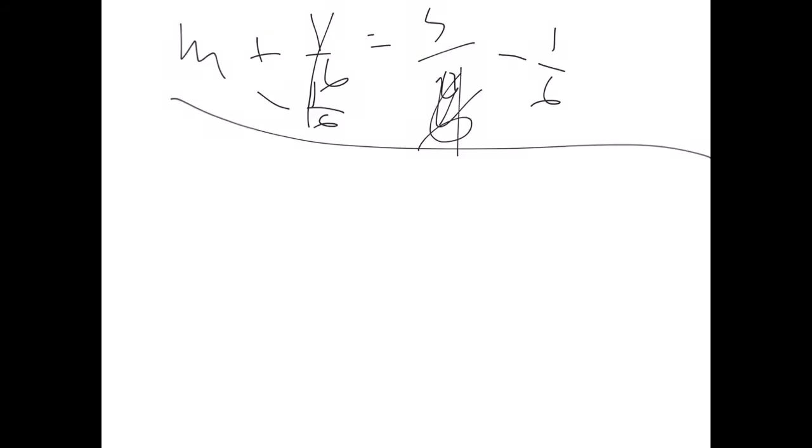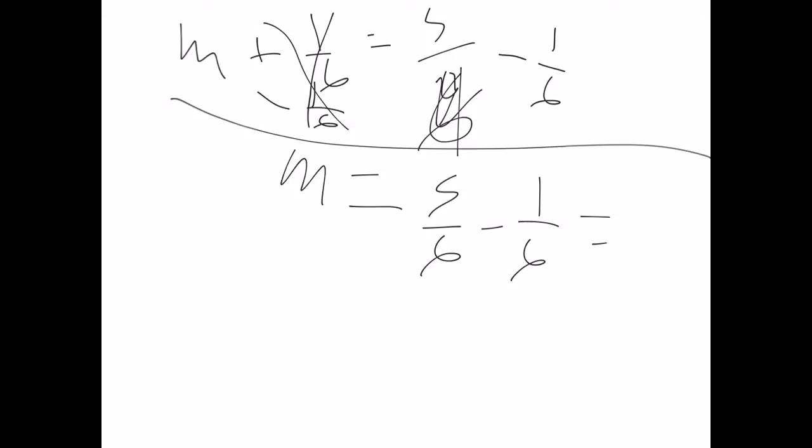Okay, so that's 5 over 6. So now this is canceled out already. So it's m equals 5 over 6 minus 1 over 6. That is 4 over 6.